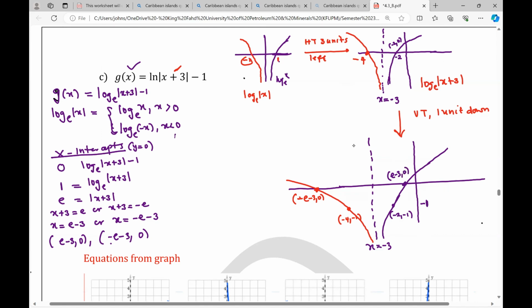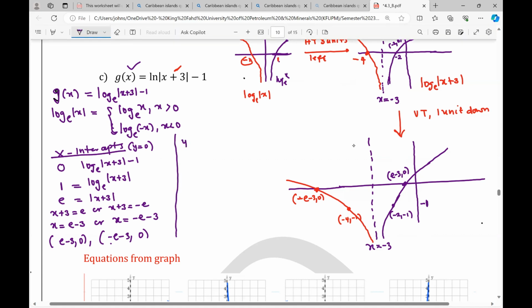So finally, let's get the y-intercept. We can find the y-intercept here. And what is the y-intercept? It is just putting x equals 0. So which will just be g of 0 is log to base e of absolute value of 0 plus 3, minus 1.